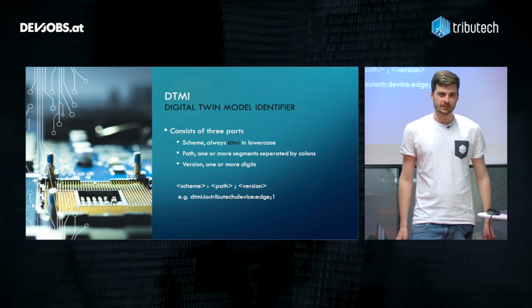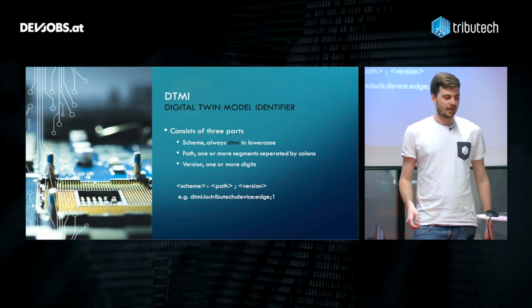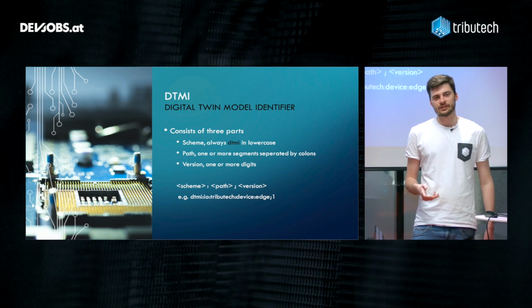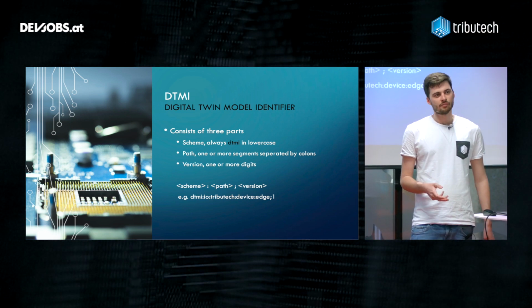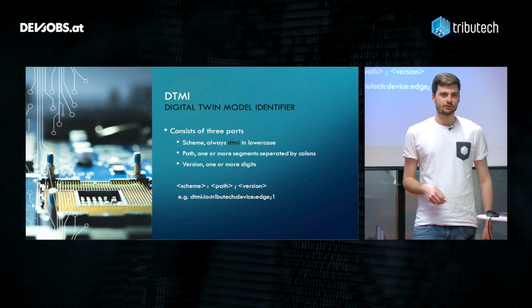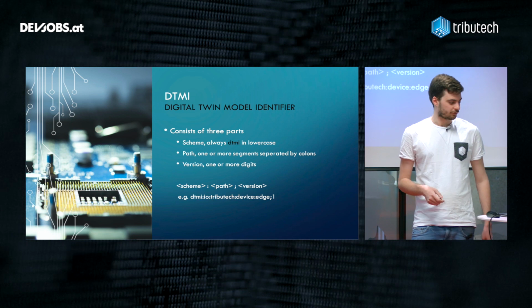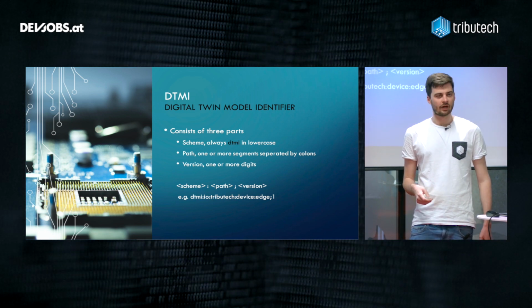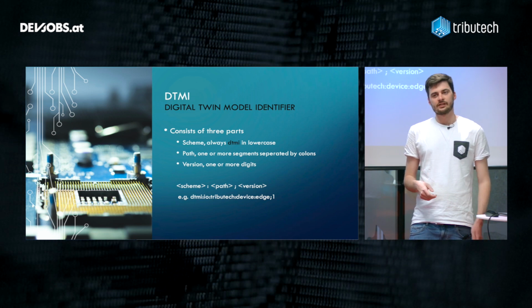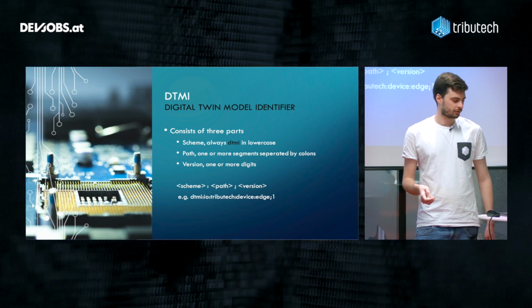Then the next part is like a namespace or a path. And there usually you just take the domain name, the fully qualified domain name of your company, turn it around. So for example, Tributech.io would be io, Tributech. And then you basically can define anything you want.